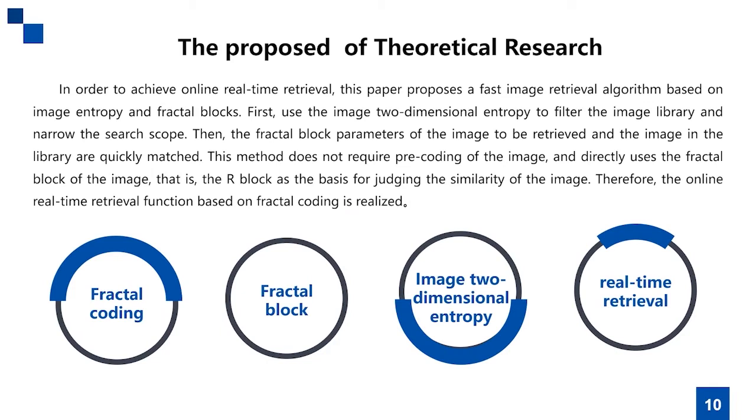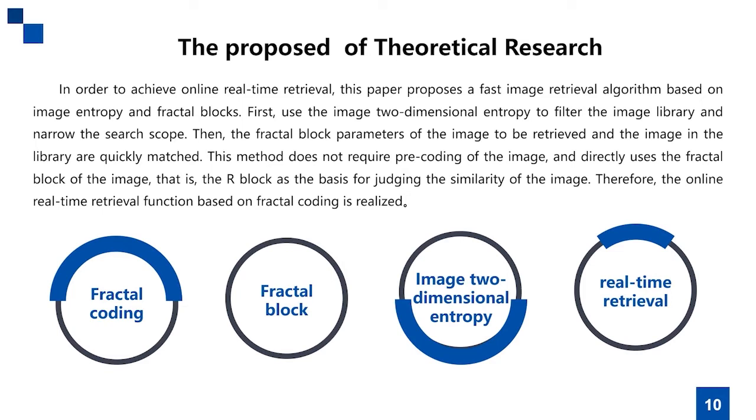In order to achieve online real-time retrieval, this paper proposes a fast image retrieval algorithm based on image entropy and fractal blocks. First, use the image two-dimensional entropy to screen the image library and narrow the search scope. Then, the fractal block parameters of the image to be retrieved and the image in the library are quickly matched.